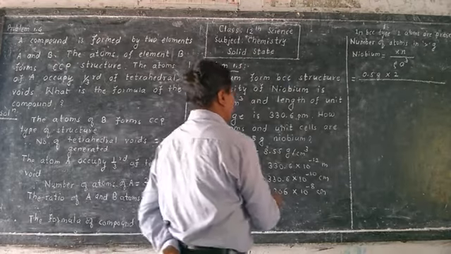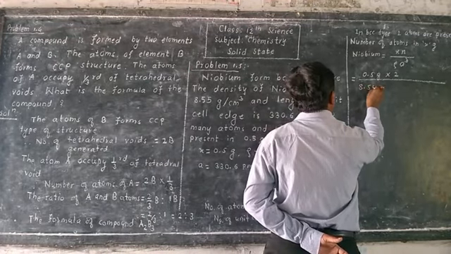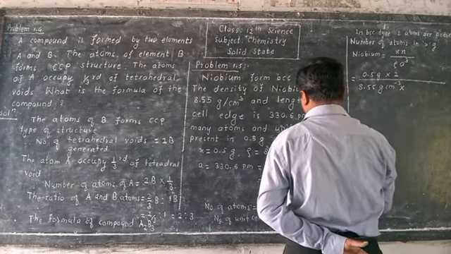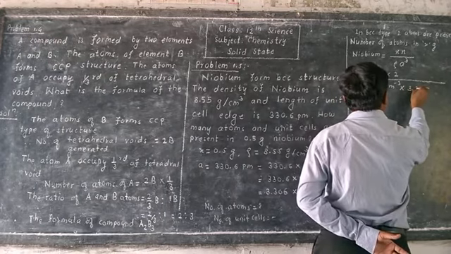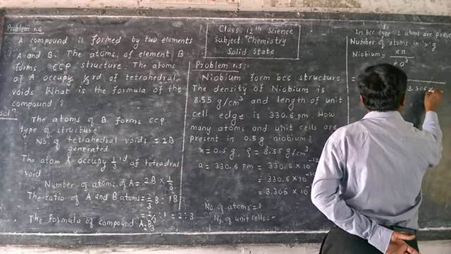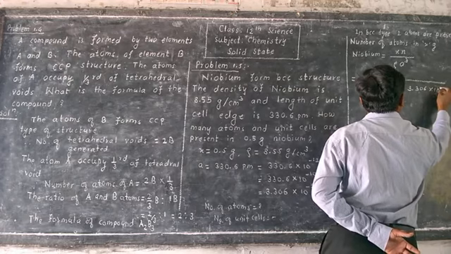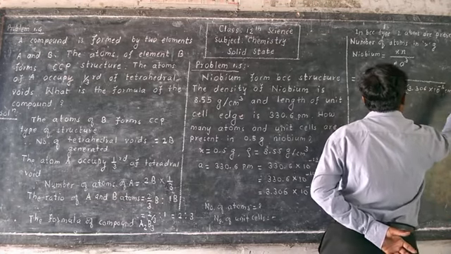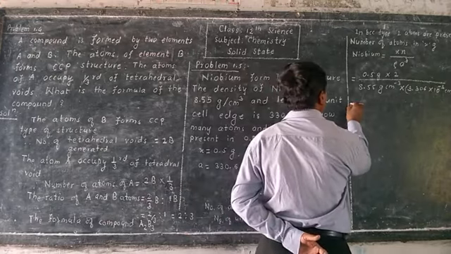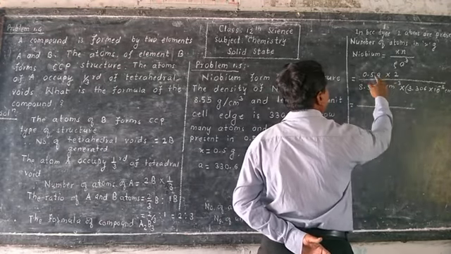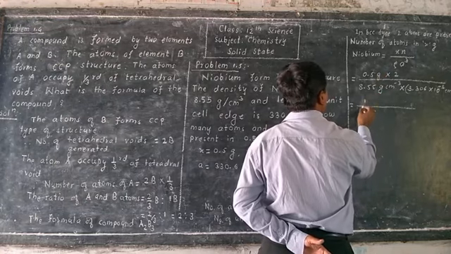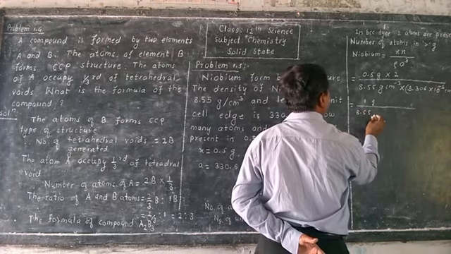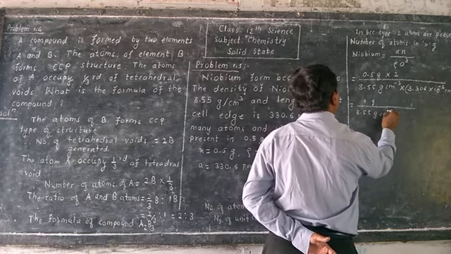Then rho is 8.55 gram per centimeter cube, and the value of a is 3.306 into 10 raised to power minus 8 centimeter, cubed. So the gram gets cancelled.